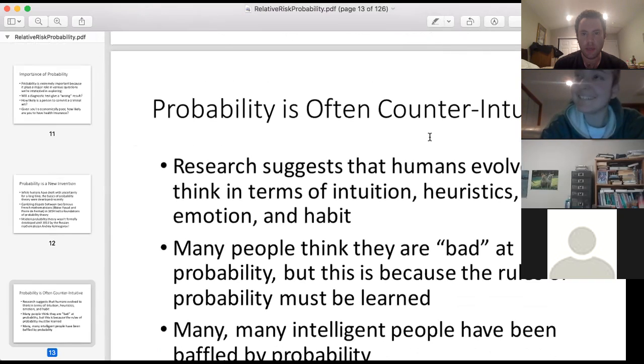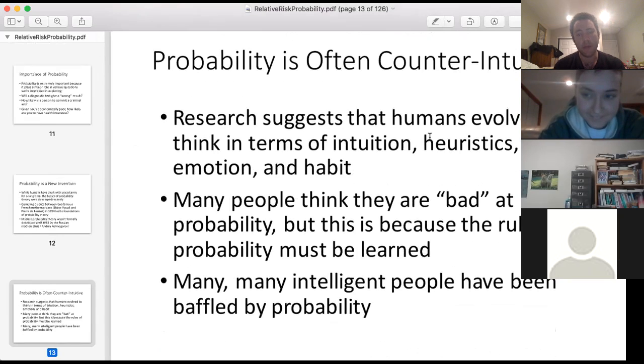And just like I was saying earlier, probability can be a bit tricky. Oftentimes it can be counterintuitive, and sometimes it runs counter to our emotions or our sense of intuition. And just to give you an example, you'll see this a lot with casinos.